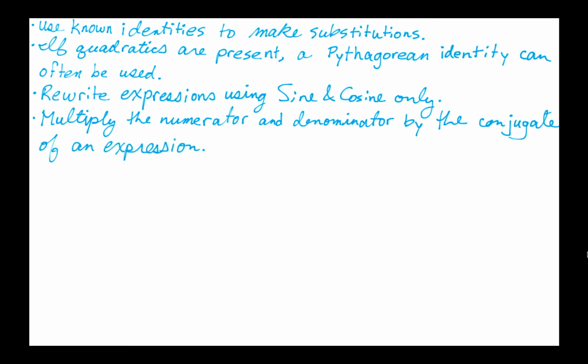So if you have a 1 plus sine x, you can multiply numerator and denominator by 1 minus sine x. This leads to a difference of squares and a Pythagorean identity that can be used to simplify in some cases. Factoring to simplify an expression is a good thing that you can do. So as you can see, there are a number of things that you can do to make progress in doing a proof.